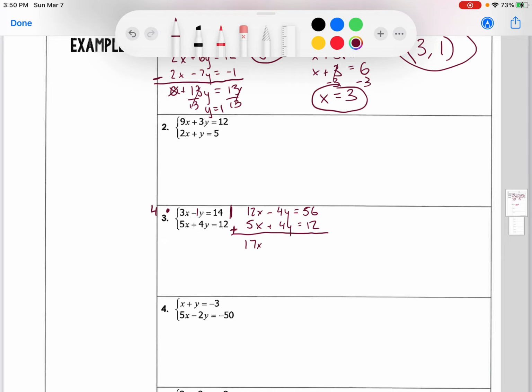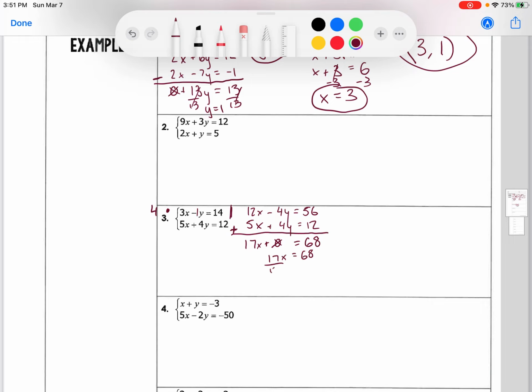So I have 12x plus 5x, which is going to be 17x. Negative 4y plus 4y is going to be nothing. I can put plus 0 if I want, but it's really totally unnecessary. And then 56 plus 12 is going to be 68.